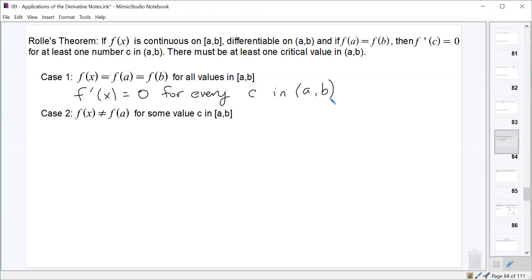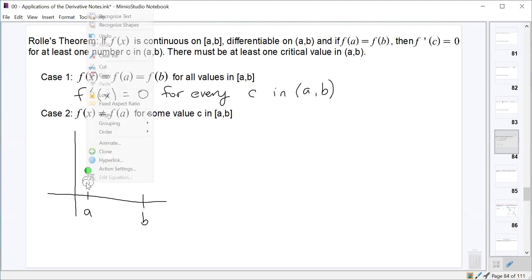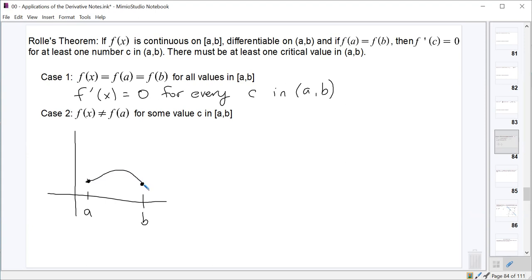So effectively, what this is saying is that if we have a function that goes from a to b, and we start at the same value that we end, and not all the values are the same, in order to get from a to b, I must have either gone up, like I did in this case, or gone down, like I did in this case in blue. And then in order to get back to my starting height, I would have had to add a maximum or a minimum to get back to that value.